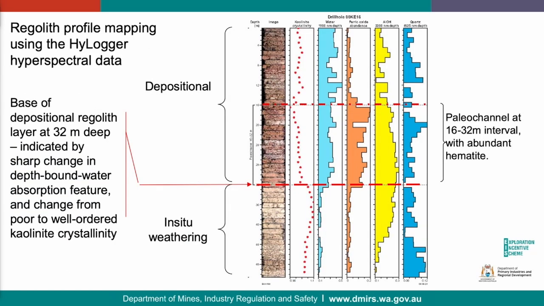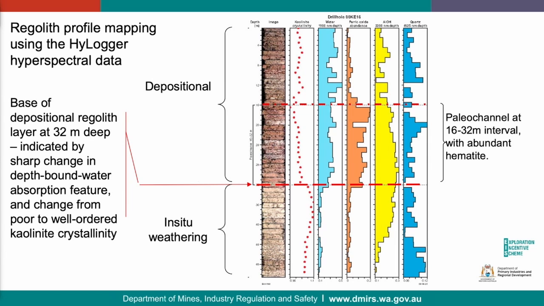So one example, what are we trying to find out? Where does the depositional stop and in situ start? Therefore, we use the HyLogger data. In this particular example, you can see we have this column, which is the kaolinite crystallinity, and this column is the bound water in the mineral. So when the kaolinite crystallinity changes and the bound water decreases, you have the base of the transported layer.